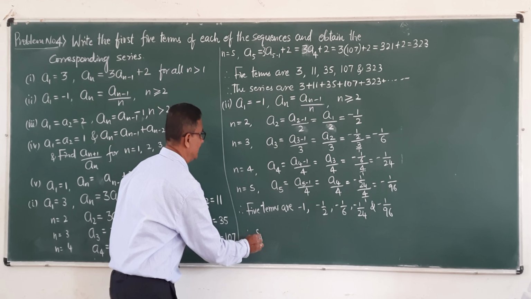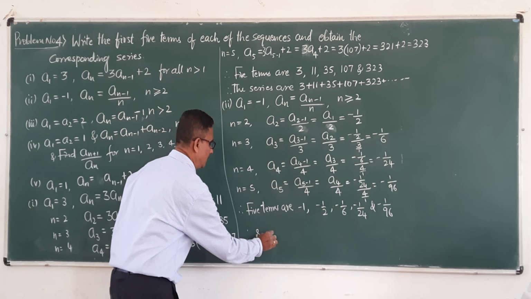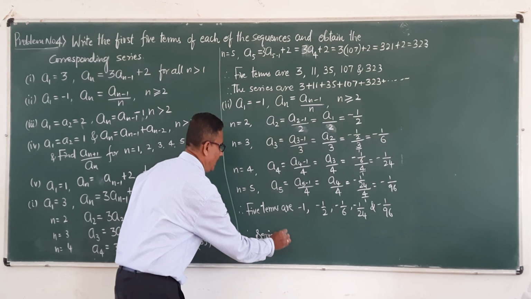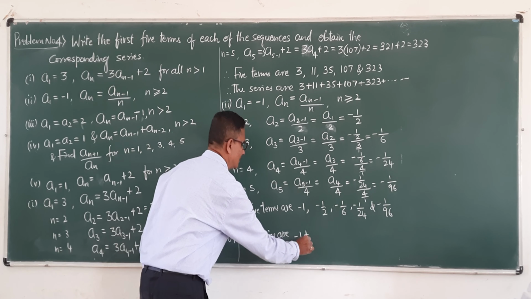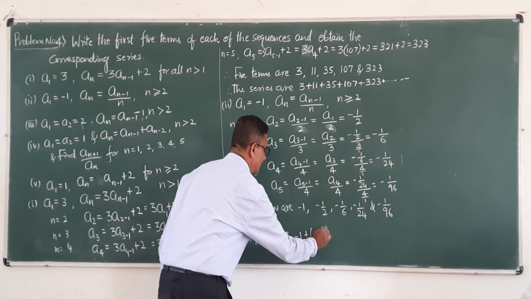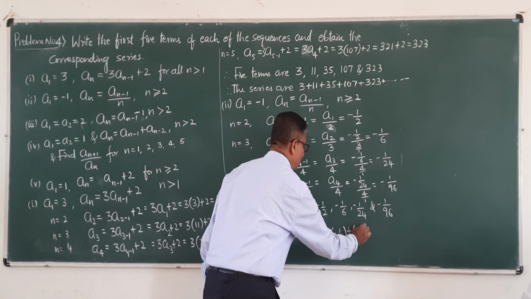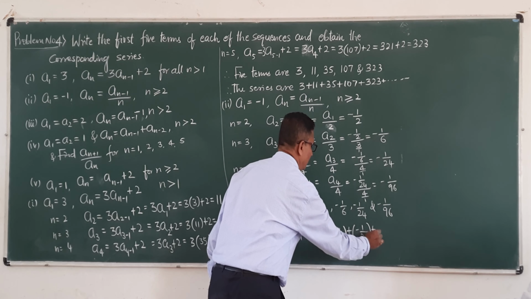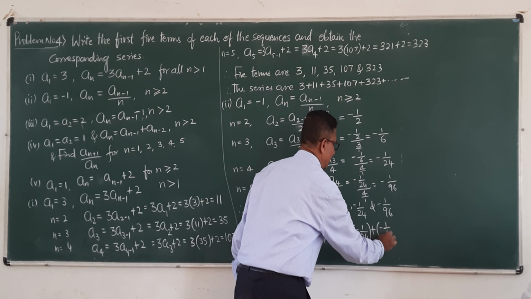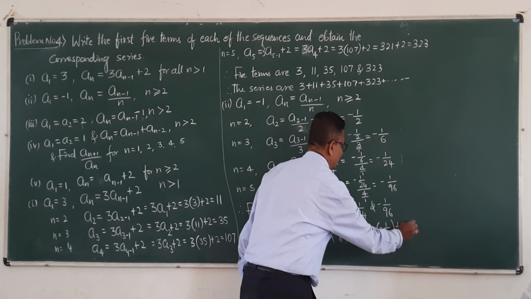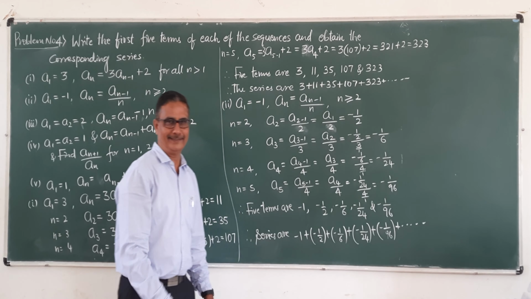Therefore, the corresponding series is, adding all those terms, minus 1 plus minus 1 by 2 plus minus 1 by 6 plus minus 1 by 24 plus minus 1 by 96 plus and so on, so many numbers, right?